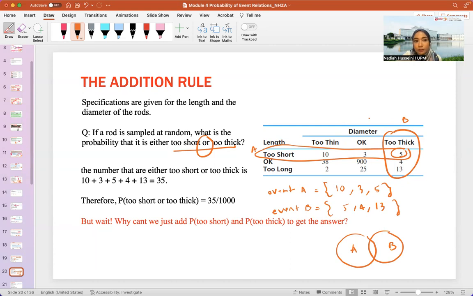No, we already talked about this: if you have an overlap, just put it once. So the outcomes in A or B are 10, 3, 5, 4, and 13. Now I can add these together, which gives 35. Therefore, the probability of the rod being too short or too thick is 35 over 1000.